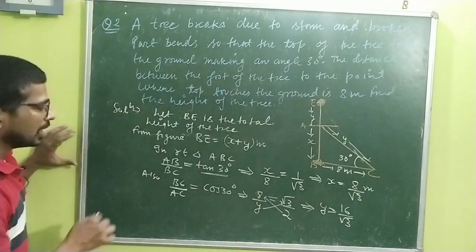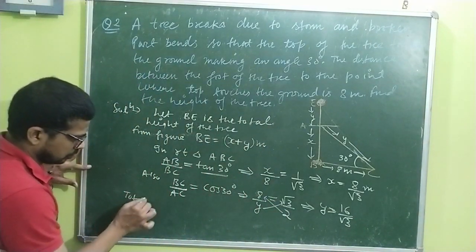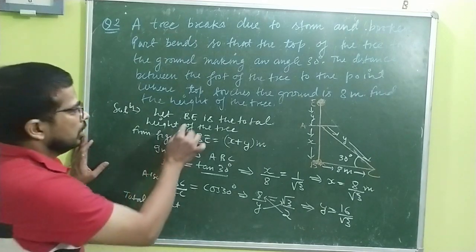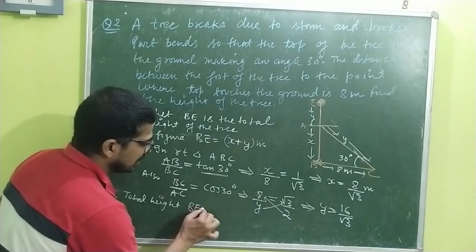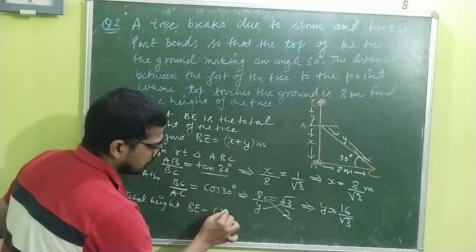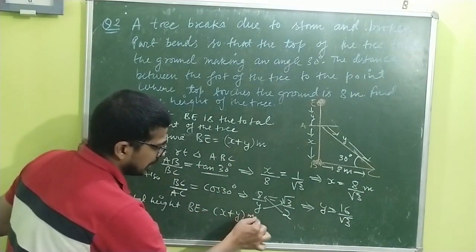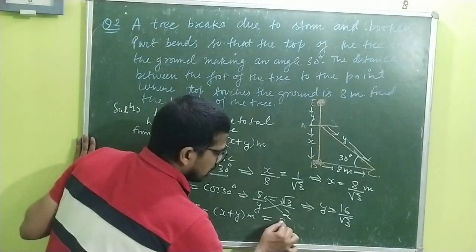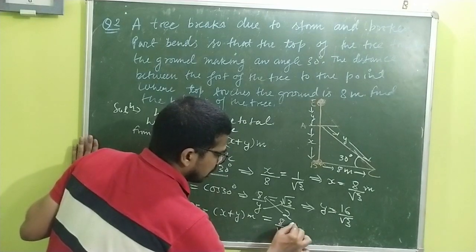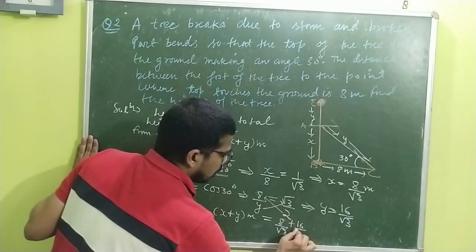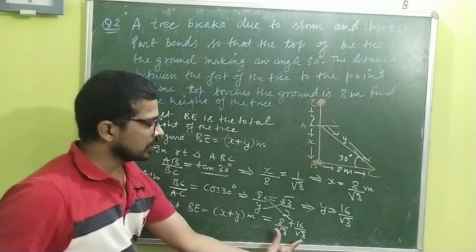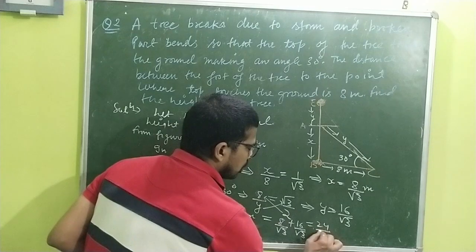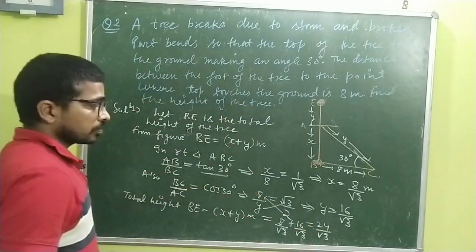Okay, so now the total height BE, we have already mentioned, is equal to x plus y meter, which is 8 upon root 3 plus 16 upon root 3. Both the denominators are equal, so it will become 24 upon root 3 meter.